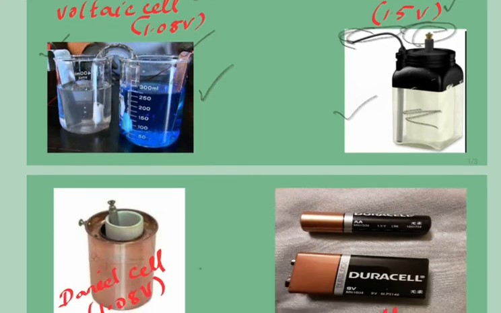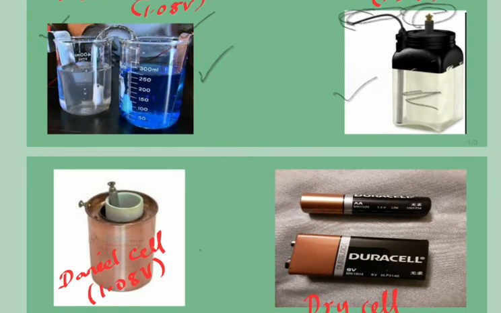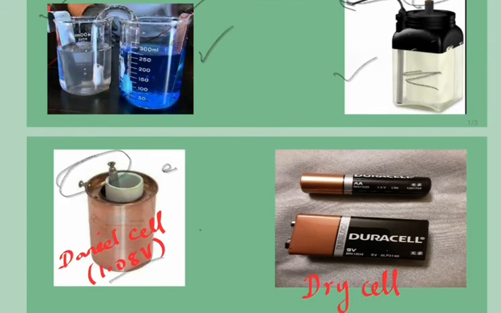Another type of electric cell is the Daniell cell. Inside the Daniell cell you have electrolyte, positive electrode and negative electrode, cathode and anode, and there also we will get electricity. The voltage that we get is 1.08 volt in this case. Now the most common cell that you have seen is the dry cell, a very familiar cell for you.